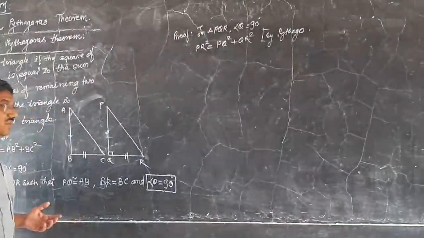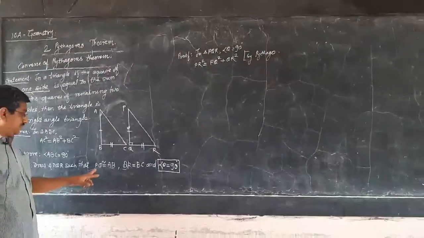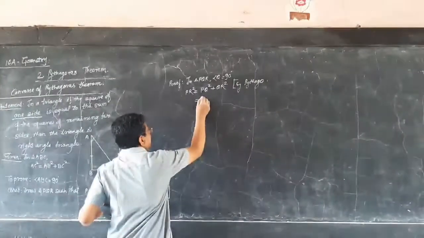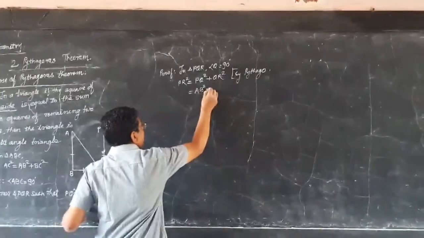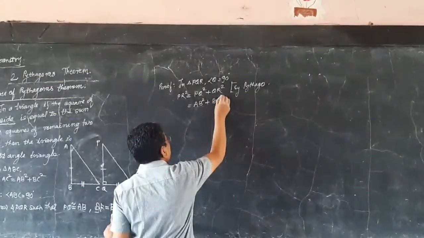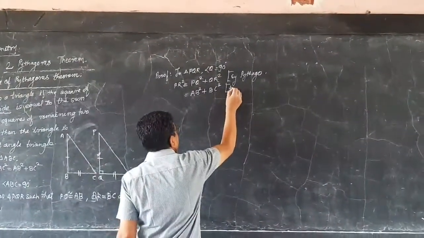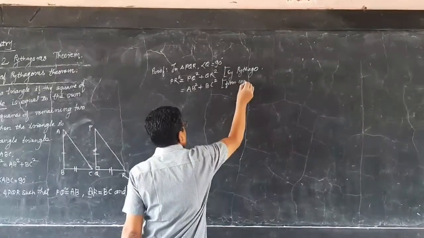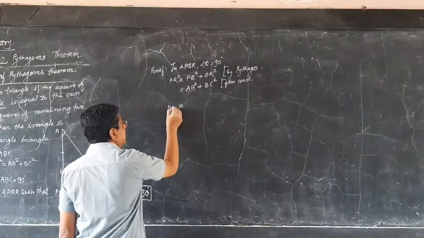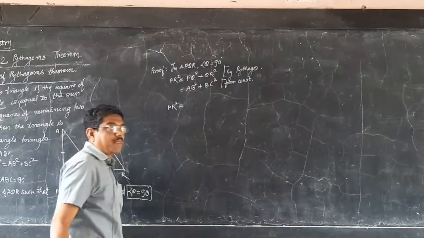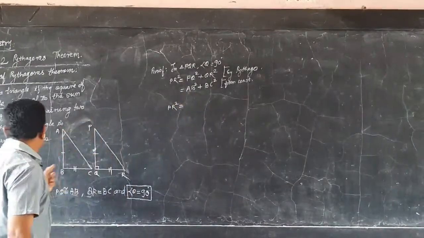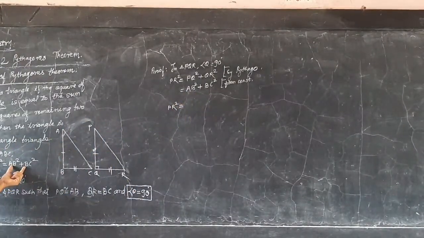Now you can use the given construction. PQ is congruent to AB. Then here you will get AB square. QR is congruent to BC. Then you will get here BC square from construction. Now, PR square is equal to AB square plus BC square, this step you have got, but see the given: AB square plus BC square, what is it equal to?